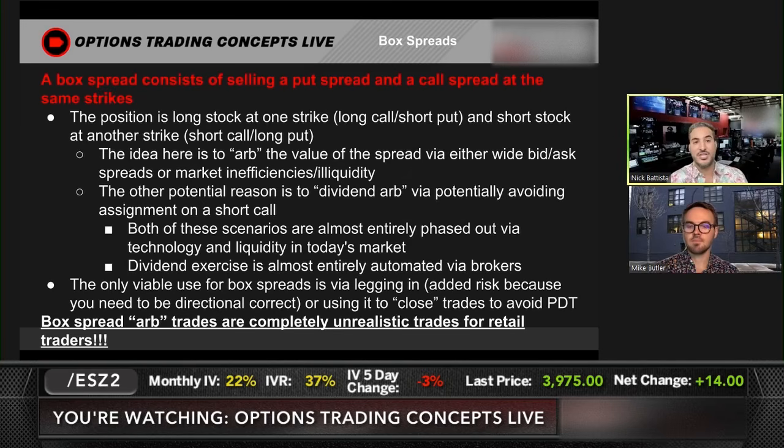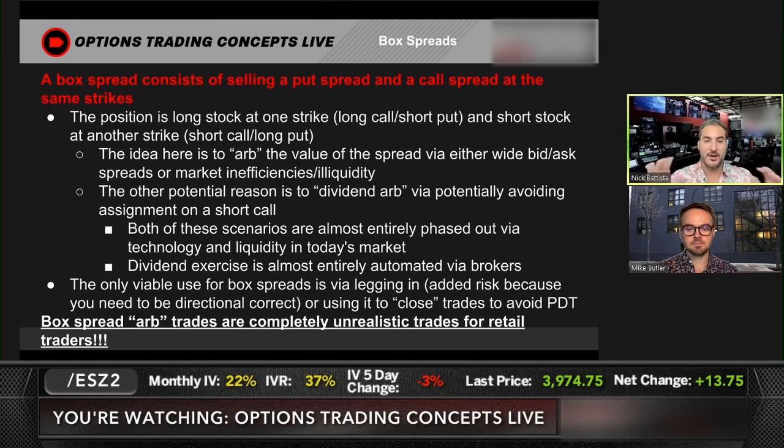With technology now, almost all of those exercise assignments aren't voluntary. They're done automatically via whatever brokerage you use. And of course, tastyworks is going to do whatever is most advantageous for you. If you have an option that is long, that's in the money, that should be exercised, it will be.